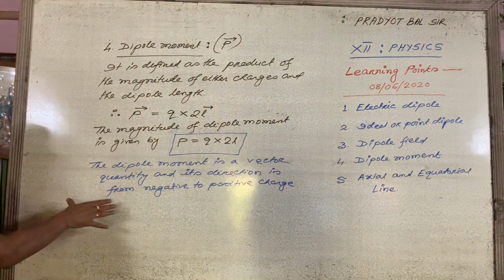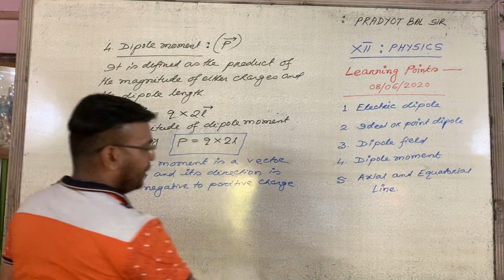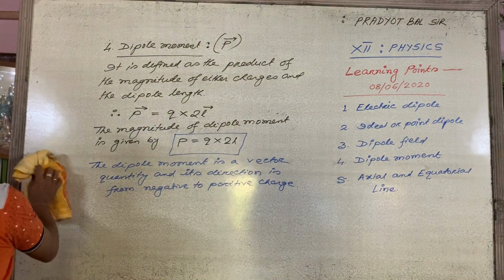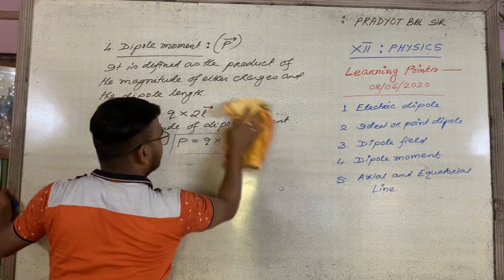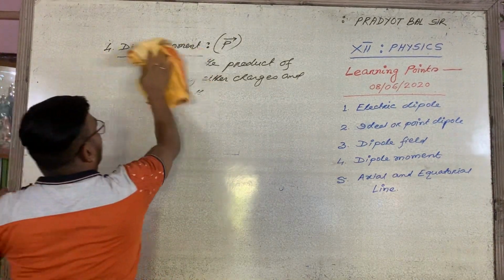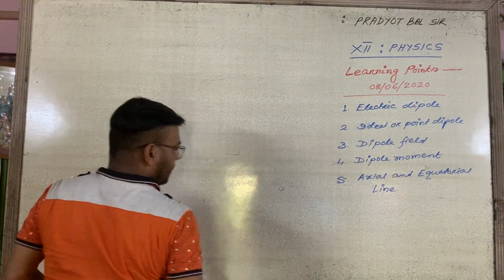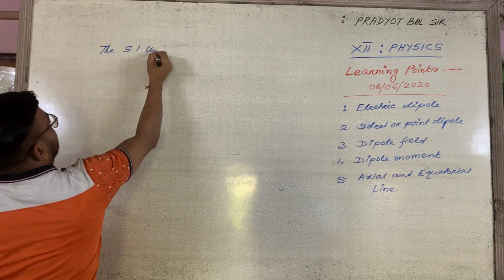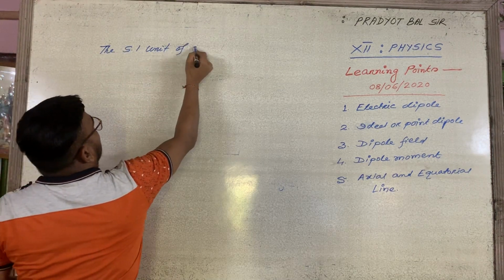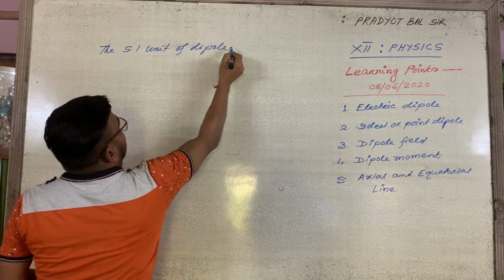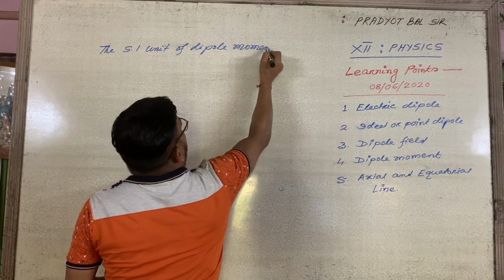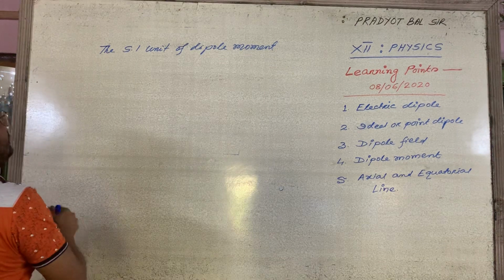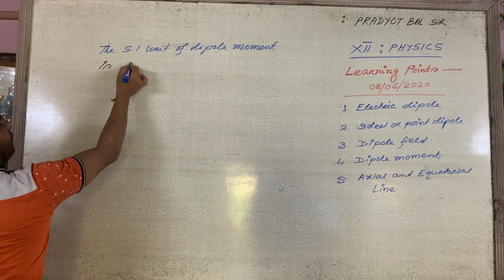Okay? Now, the SI unit of dipole moment is coulomb meter.